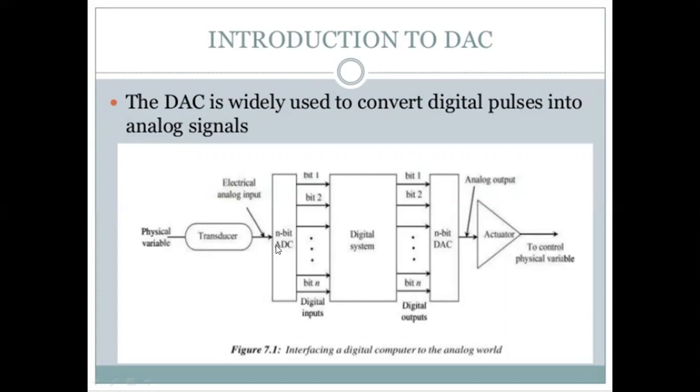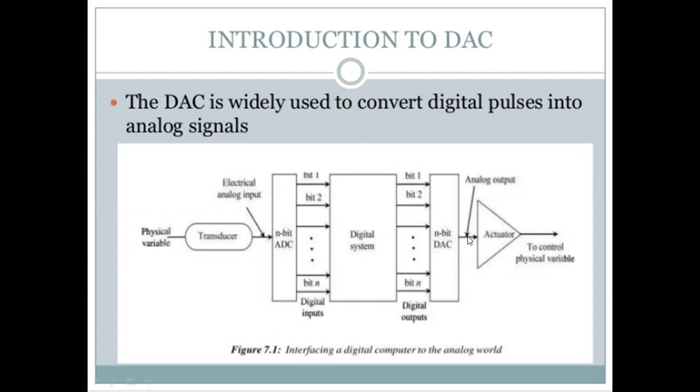This will convert the analog signal to a digital signal, and the microcontroller will process the digital signals and give the output as digital values. These digital values we can give as input to the DAC, digital to analog converter, N-bit DAC. So this will convert digital input to analog output in terms of current.